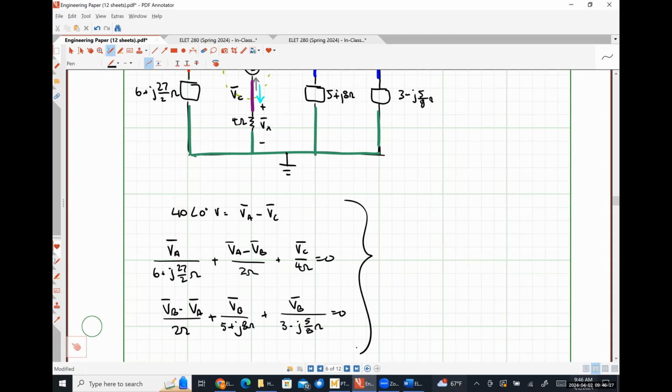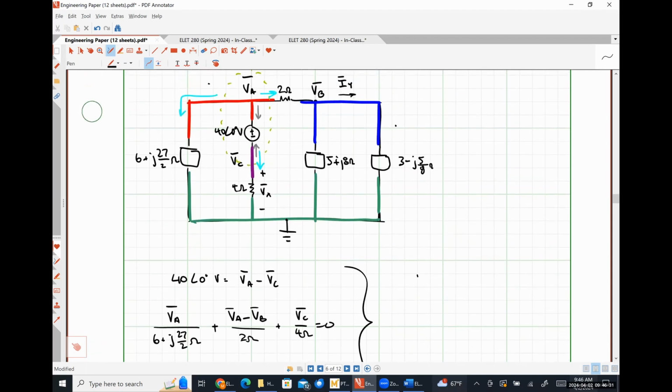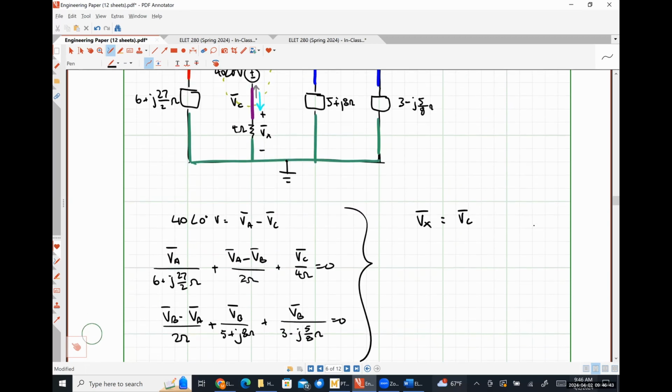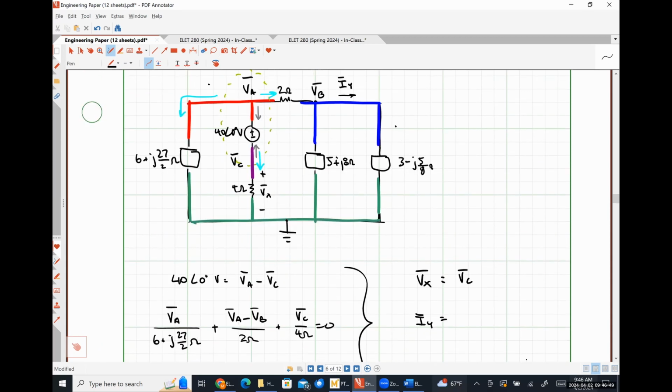Three equations, three unknowns, use the computer to solve. So what's Vx going to be in terms of our nodal voltages? VC, done. What is Iy going to be in terms of our nodal voltages?